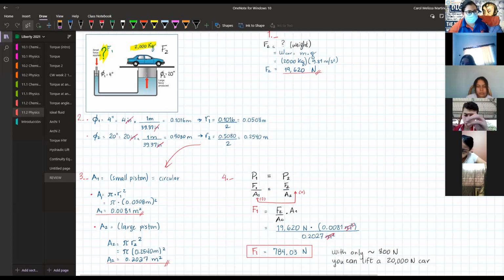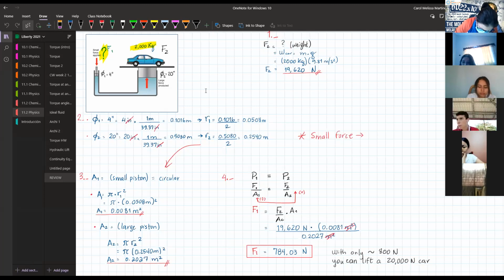Just remember, the small force that is applied on the small area should be able to lift a large object, with a large weight applied on the large area. So when you are doing the exercise and you are not sure, at least it makes sense, okay?